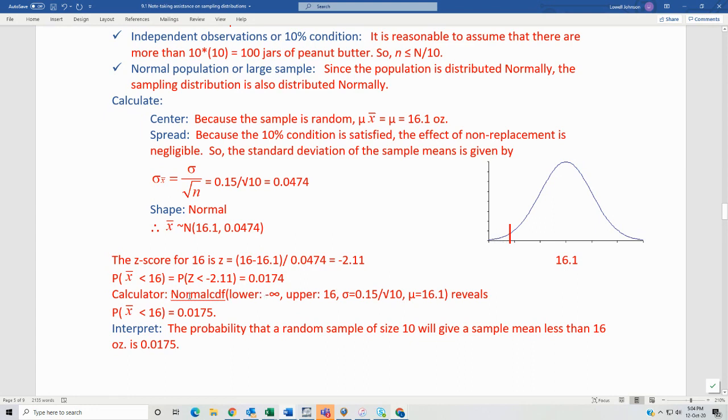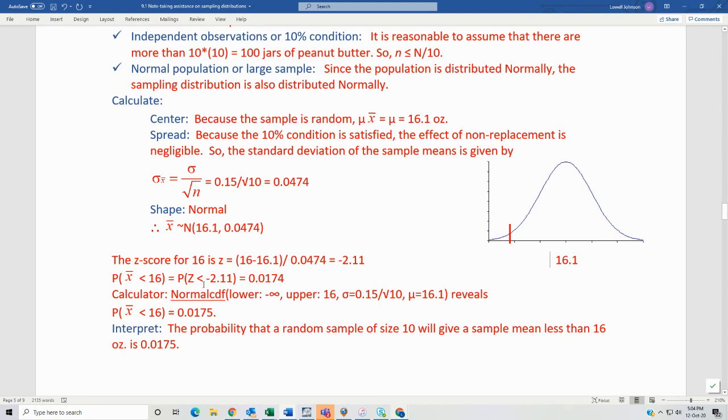I go to normal CDF. The lower boundary is minus 1,000. The upper boundary is 16. My standard deviation is equal to, well, we calculated up here to be 0.0474, but I could plug these numbers right into my calculator. And the mean is 16.1.